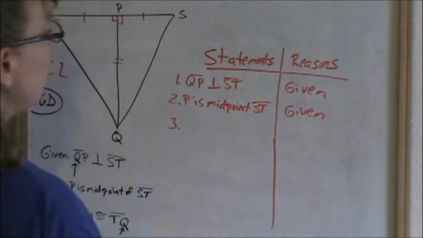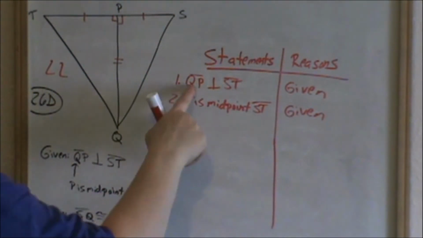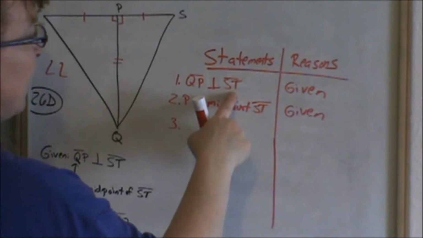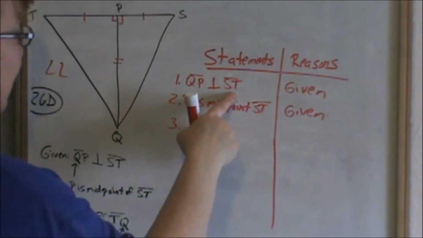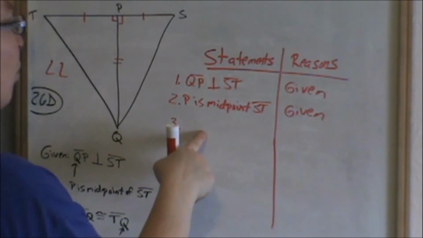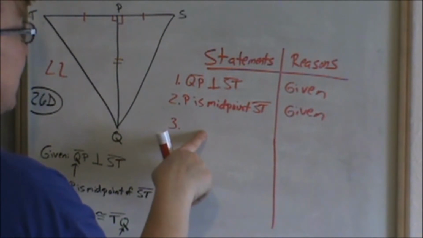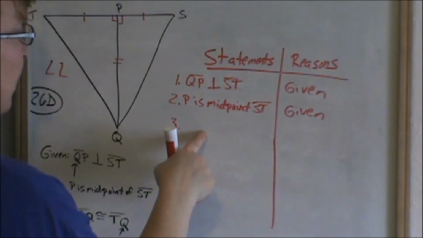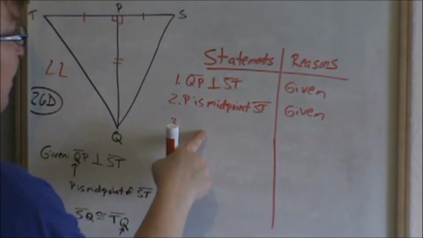Now, from the information we were given, what did we learn? Because QP was perpendicular to ST, it means we created right angles. So we should make that note so that in our evidence we know we have right angles and we are dealing with right triangles, which means we only have to have two other pieces of evidence.